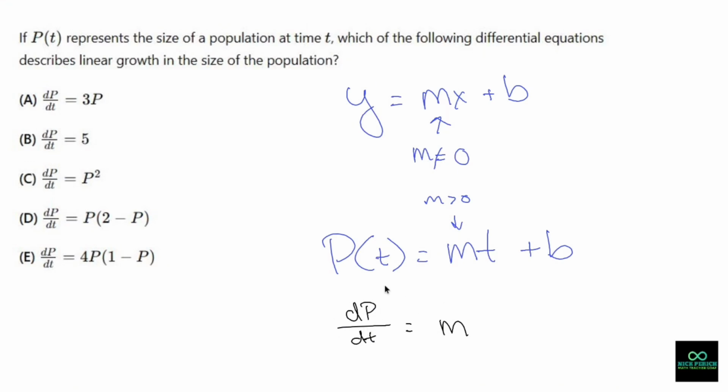So the derivative is just going to be some integer greater than 0, like 5. Okay? So again, you're looking for P of t being linear growth, which means it's got to be in the form y equals mx plus b. So when you take the derivative of it, you end up with just a regular constant that is a positive number, which is why this is the one that works.